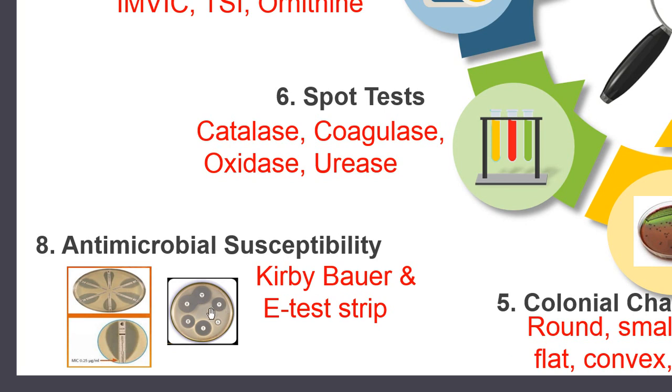From these discs the antibiotic diffuses into the surrounding media. If the organism is not growing in the surrounding media because of the presence of that antibiotic, a zone of inhibition will develop, and its diameter is noted down to record the sensitivity to that particular antibiotic, at that particular concentration, against that bacterial culture.